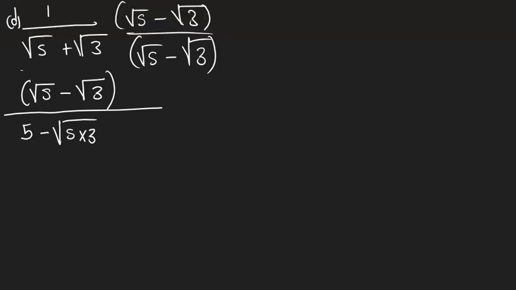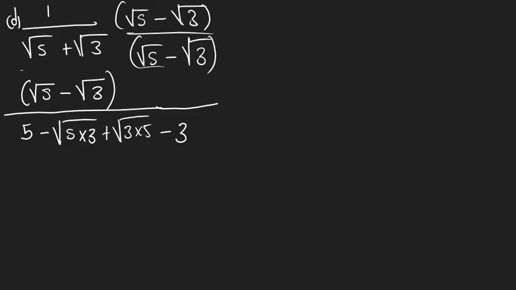Positive root 3 multiplied by 5 becomes positive 3 multiplied by 5 inside. Then positive root 3 multiplied by negative root 3 becomes negative 3.